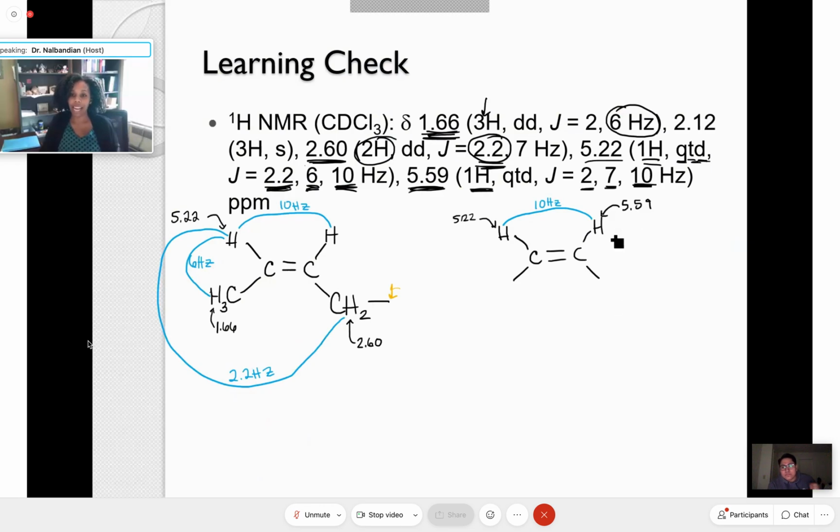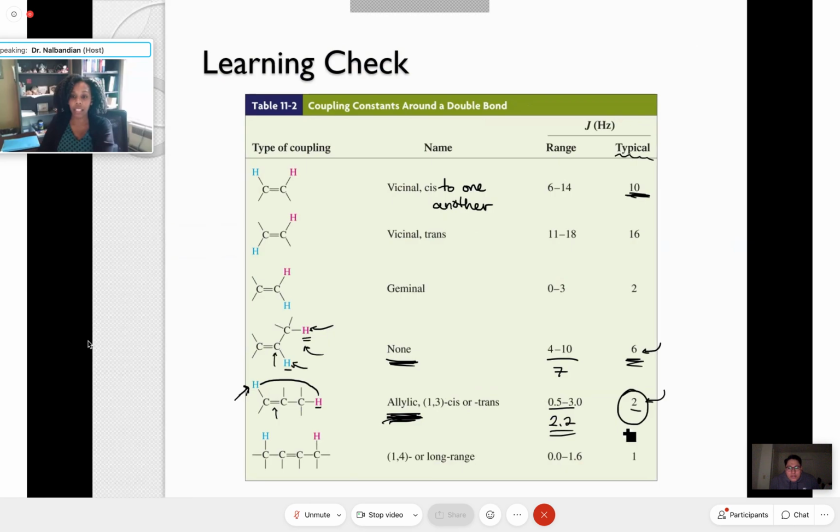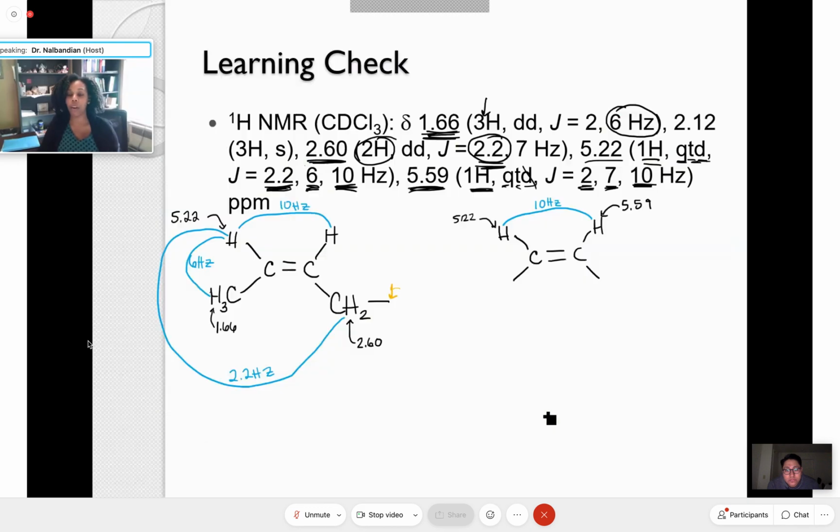So 5.59 now, we're still looking at 5.59, so that's why it is a doublet. So we've shown why it's a doublet, but why is it a quartet? Why is it a triplet? Well, because of the 2 hertz and the 7 hertz coupling. So 2 hertz coupling, allylic. 7 hertz coupling, none. We've seen these already before.